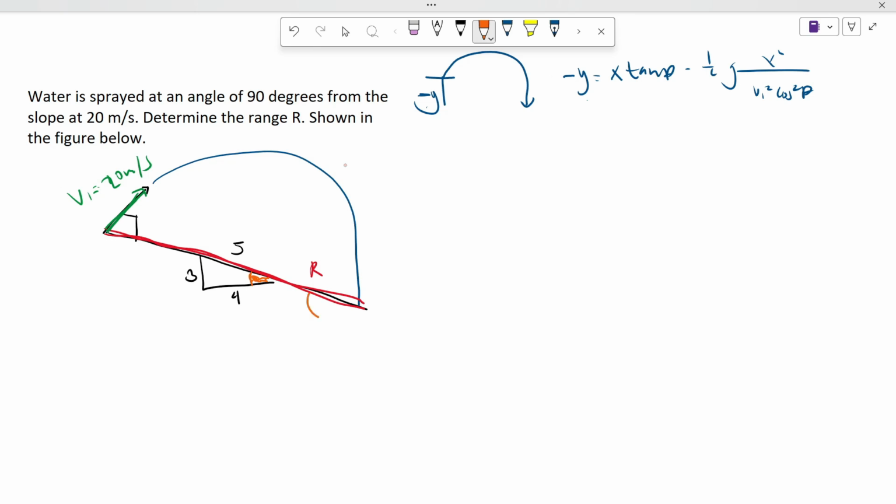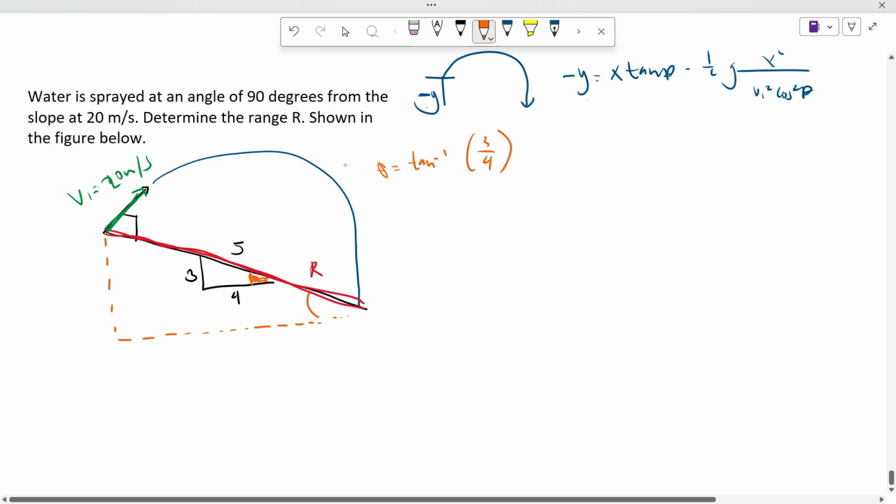So, itong gray line, guys, invisible line lang to, baka magtaka kayo. So, to get this angle, guys, is shift tan equals to opposite, which is 3, over adjacent, which is 4. Shift tangent 3 all over 4 is 36.87.